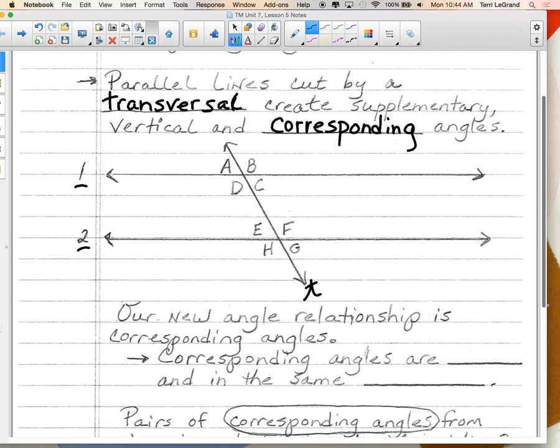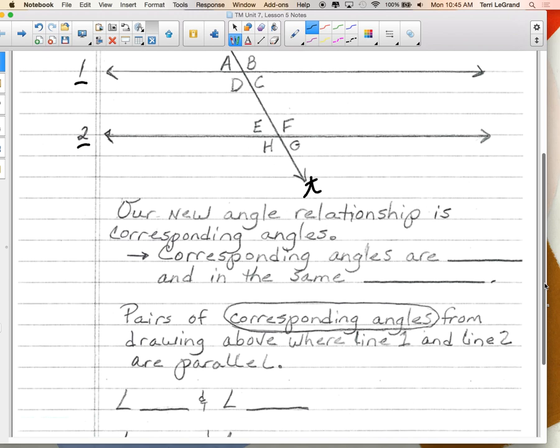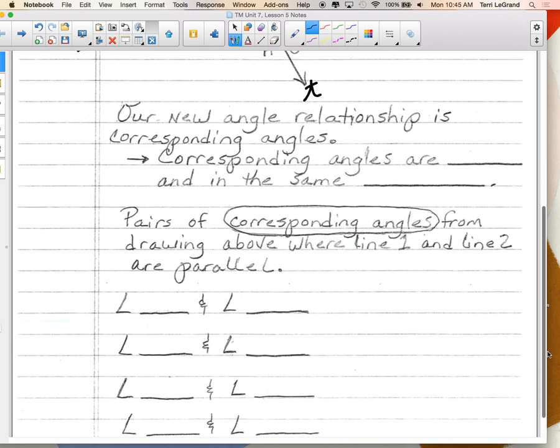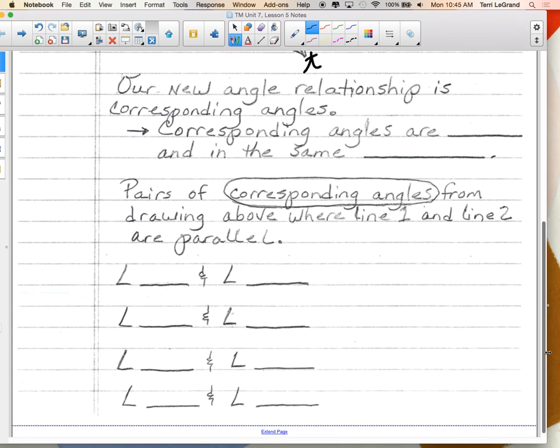Now we're going to say, what are corresponding angle relationships, and which pairs make them up? So our new angle relationship is corresponding angles. Corresponding angles are equal.